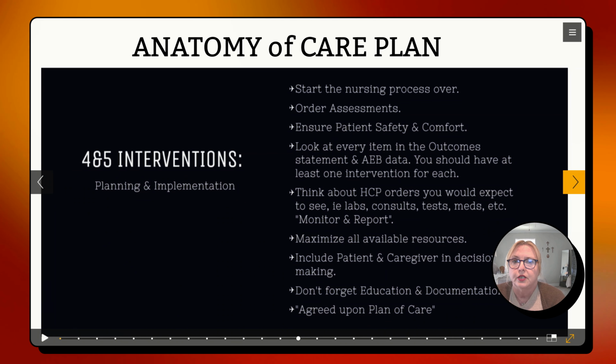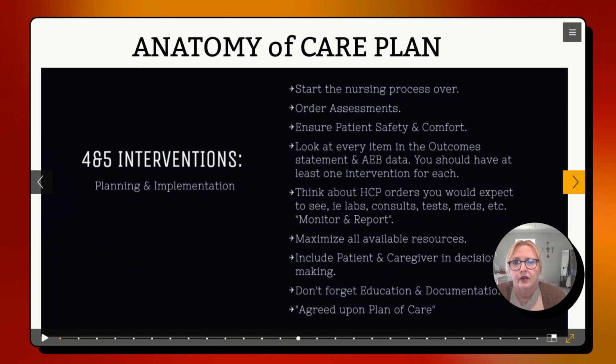So think about those consults. What are those entities doing for our patient, and are those interventions listed in your care plan? Maximize all available resources. Are you doing everything that we can for our patients? Even though it wasn't ordered, do we need to consider a social services consult? Maybe you've run across information that somewhere along the way the patient's getting labeled as non-compliant, but have we really addressed the issues of, do they have the education they need, and are they making that decision solely on their own?